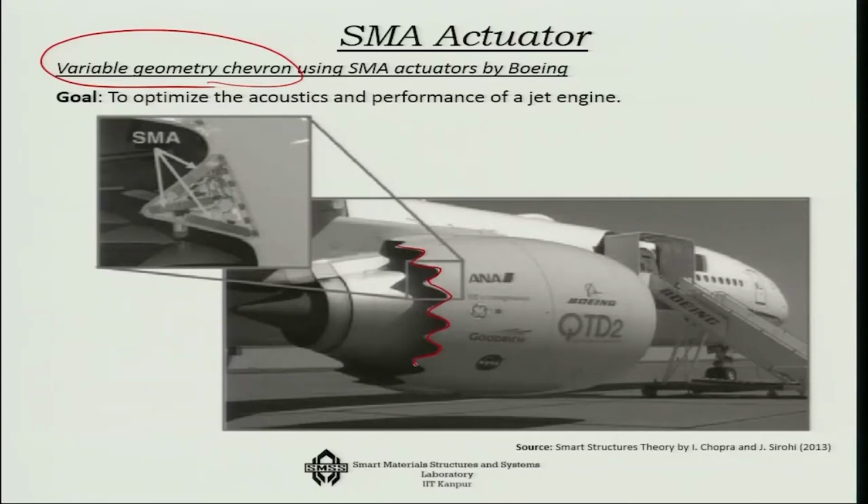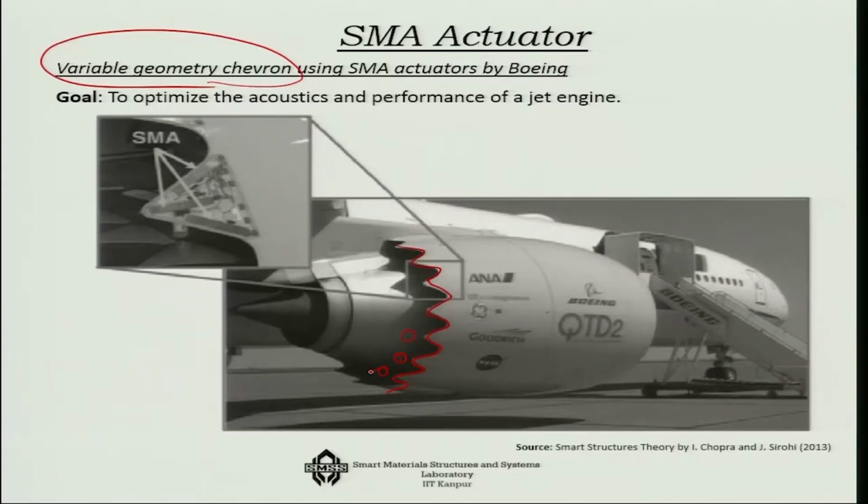The reason for this jagged shape is that initially, when it is in the detwinned or twinned martensite, but mostly martensite phase, it has this jagged shape, and this actually helps keep the size of the vortices low, so that they get attenuated fast.